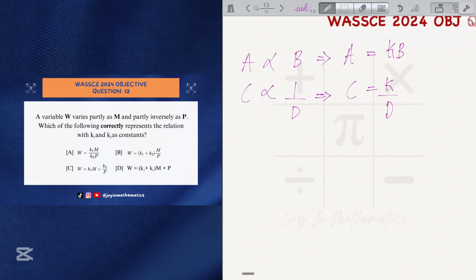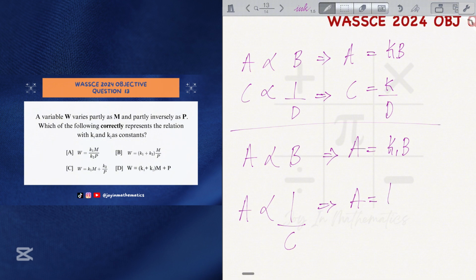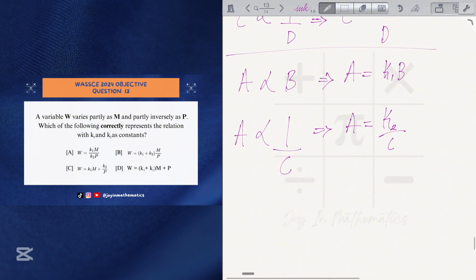Now, when we say something is partly proportional, let's say A is partly proportional to B, likewise A is partly proportional to the inverse of, let's say, C. So we are saying that A will have a constant of proportionality K1 with respect to B, and similarly we have a constant of proportionality K2 with respect to C. Then this A will be the sum of these two expressions.